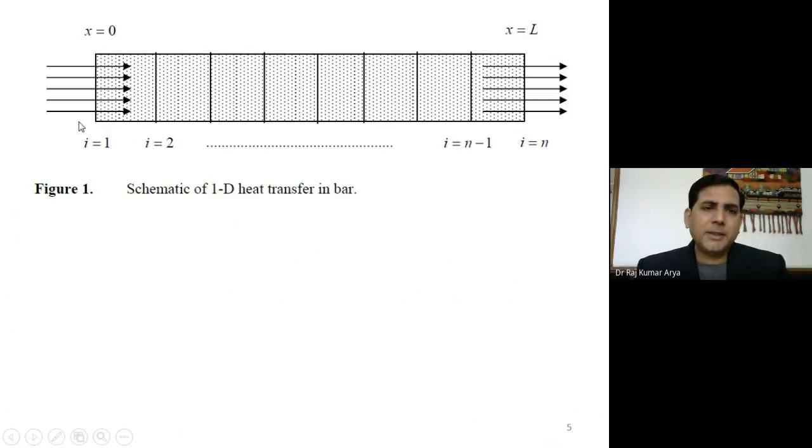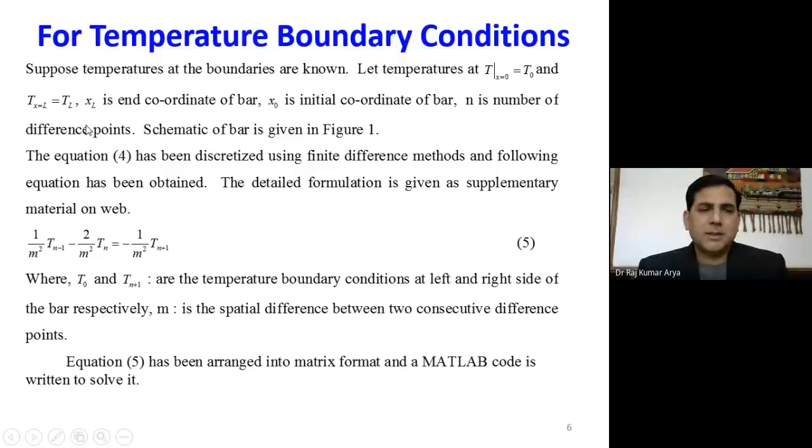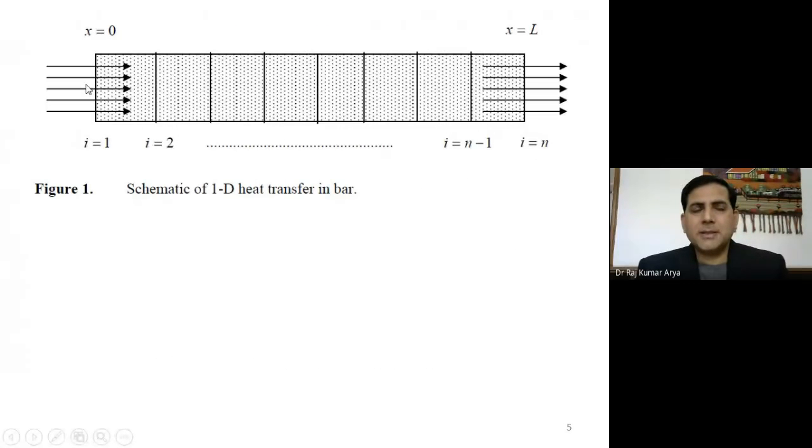In case of heat transfer, the conditions are fixed: either the temperature is known to you here, or the derivative of the temperature could be known to you. So either you know the temperature boundary condition or the flux boundary condition, how much flux is coming from here. These are the two typical boundary conditions in heat transfer, either temperature or flux.